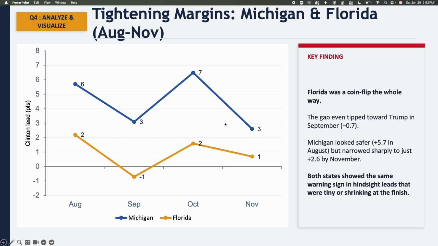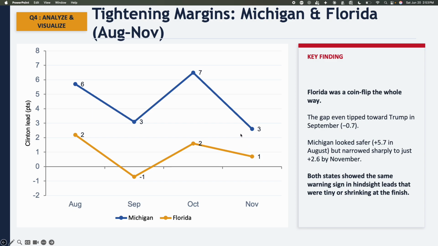Florida, the gold line, was even more dramatic, because Clinton was up about 2 points in August, but the gap actually flipped to negative in December, meaning Trump briefly led in Florida. It bounced back, but by election day, the gap was less than a point.